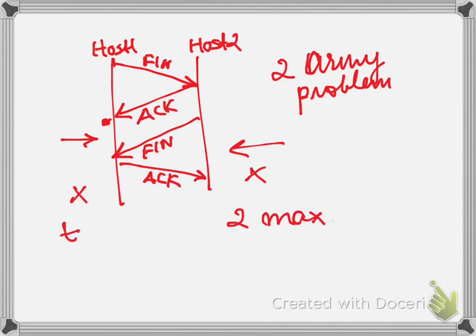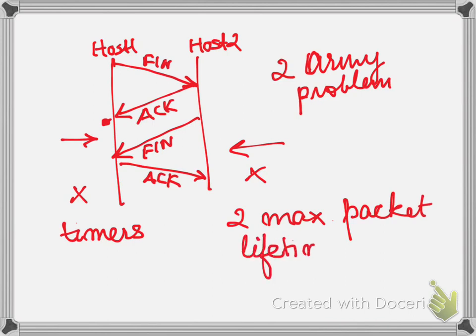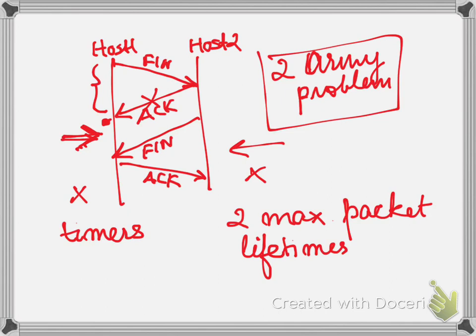Timers will be used. So if within this time the acknowledgement does not arrive, say it is lost, then after waiting for 2 maximum packet lifetimes, it will disconnect. It will assume that this side's data flow will stop. So this will help you avoid the two army problem.